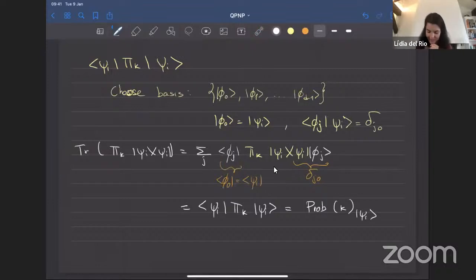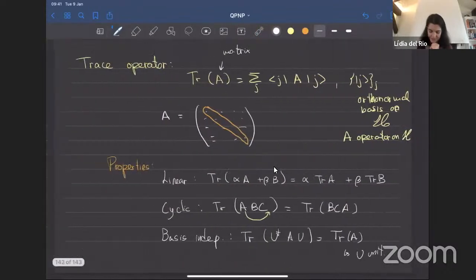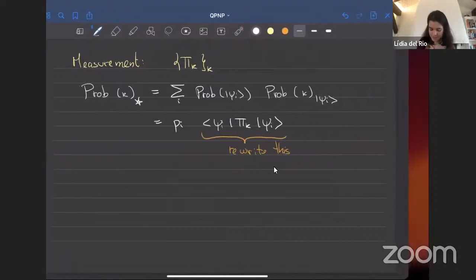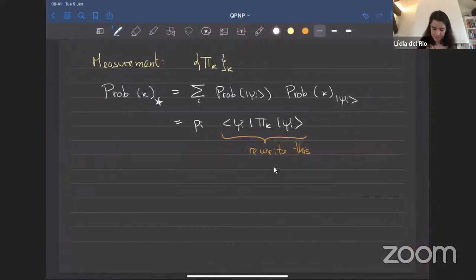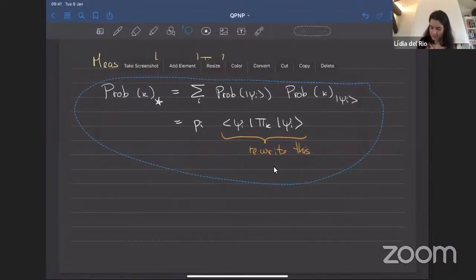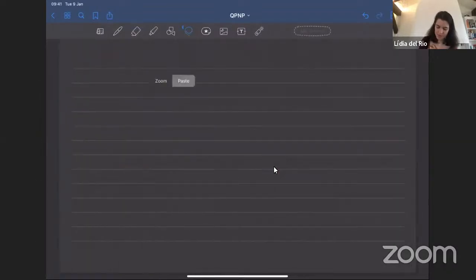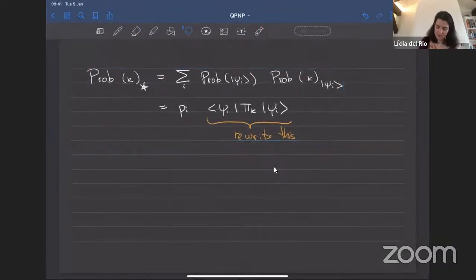Because now I can go back and look at the probability. Where were we? We were looking at this probability of getting k for my setting star. So let's copy this and come back. What we gained is that now we can use all these properties of the trace.